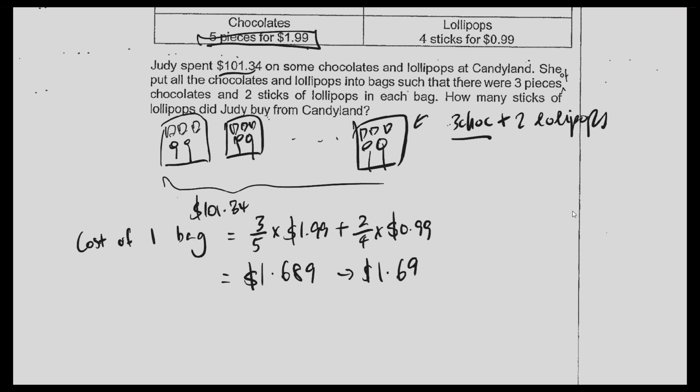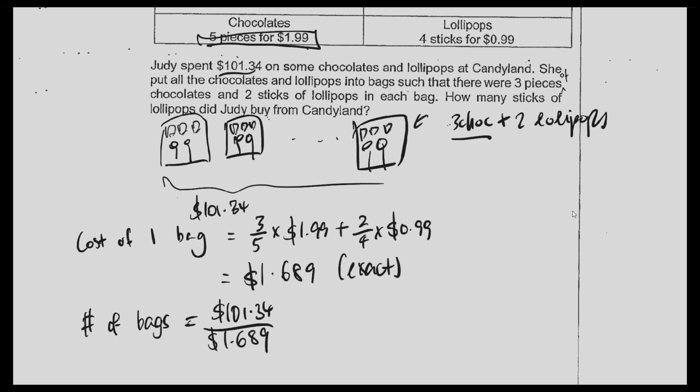But in the case of this question, we actually don't need to, because this is the exact cost of each bag. So now we can find the number of bags relatively easily, which is just take the total amount of money and divide it by the cost of one bag, and we will get 60.